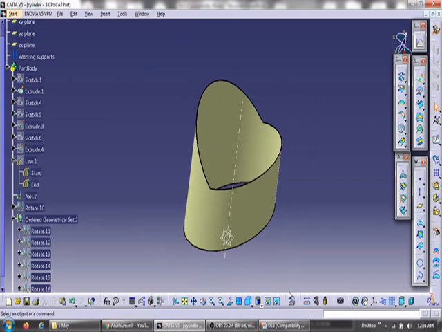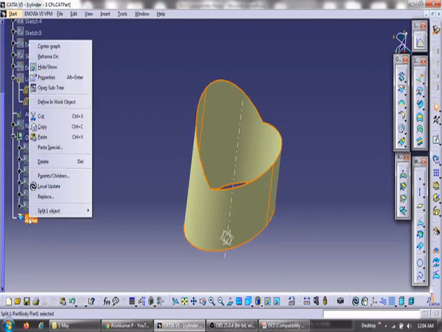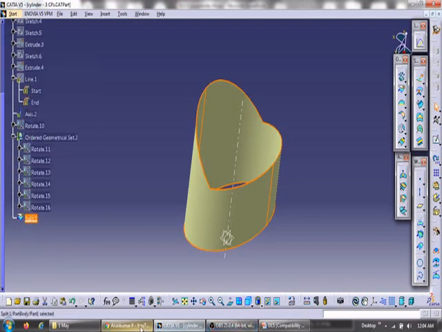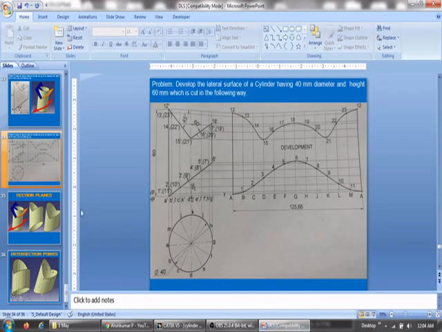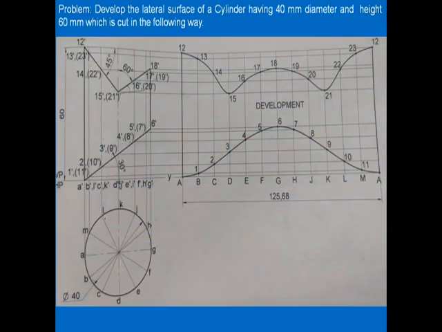Now the next thing is, if you want to solve this particular problem, then you know how to proceed. The front view is given to you. So in the top you have to draw the top view of the cylinder, which is a circle of diameter 40, and then divide the circle into 8 or 12 or 16 equal divisions.